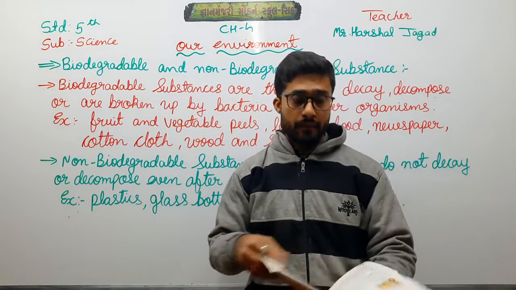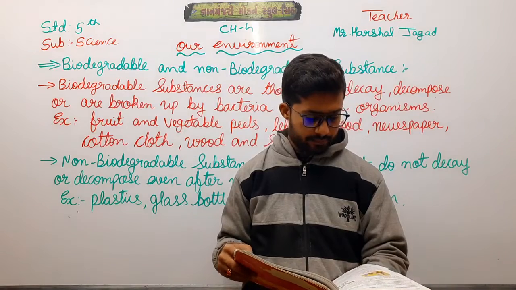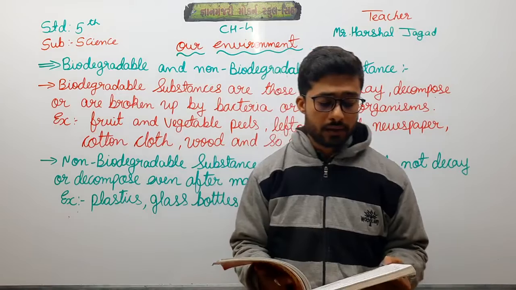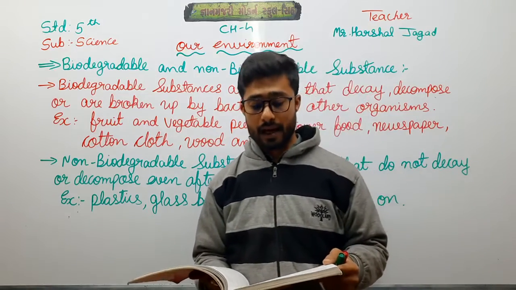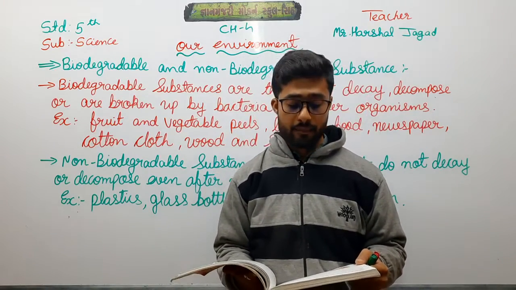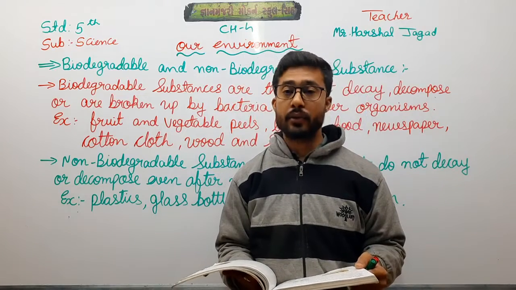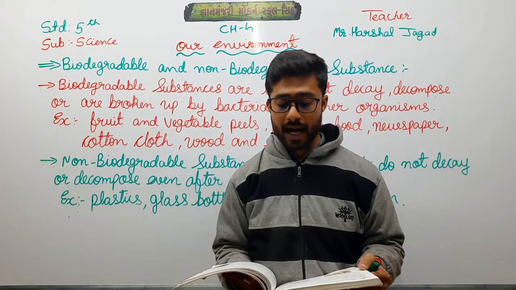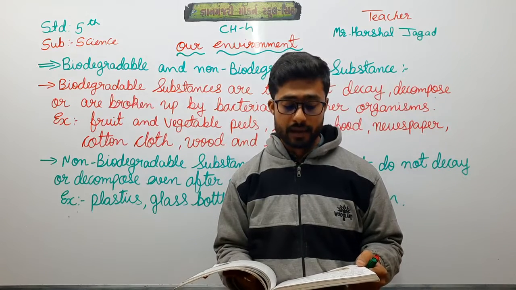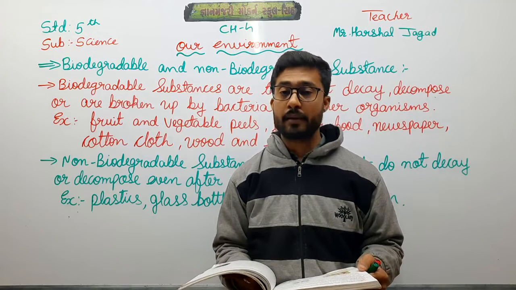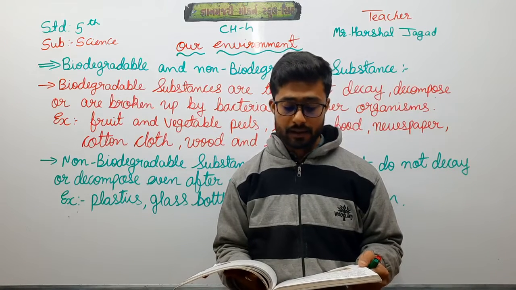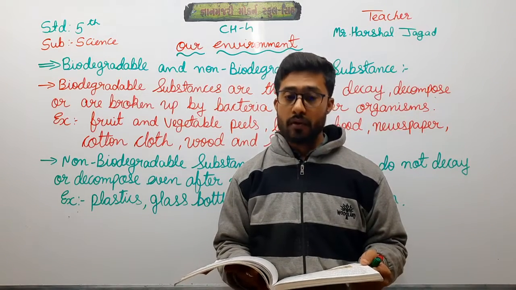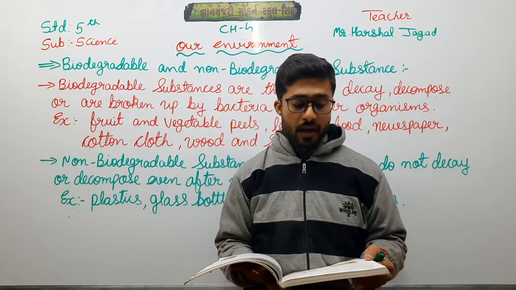Okay, so again I am just reading it: all things do not decompose, that is, decay over time. Biodegradable substances are those that decay, decompose, or are broken up by bacteria or other organisms. Some examples are fruit and vegetable peels, leftover food, newspapers, cotton cloth, wood, and so on.